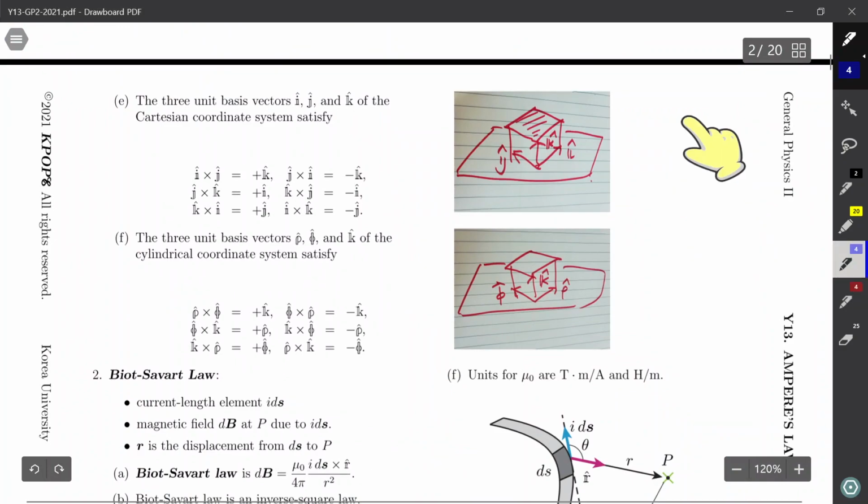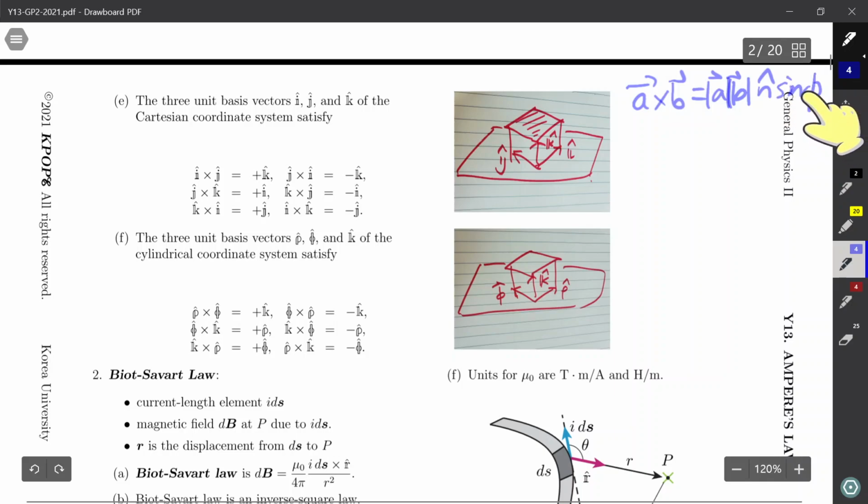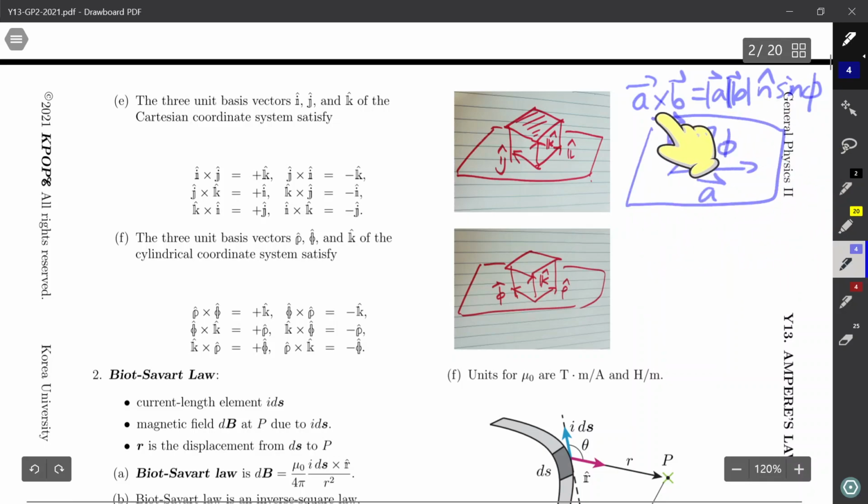The cross product A cross B equals the absolute values of A and B times sine phi times n hat, where phi is the angle between A and B. The direction of n hat is normal to the plane made of A and B, either in this direction or that direction.